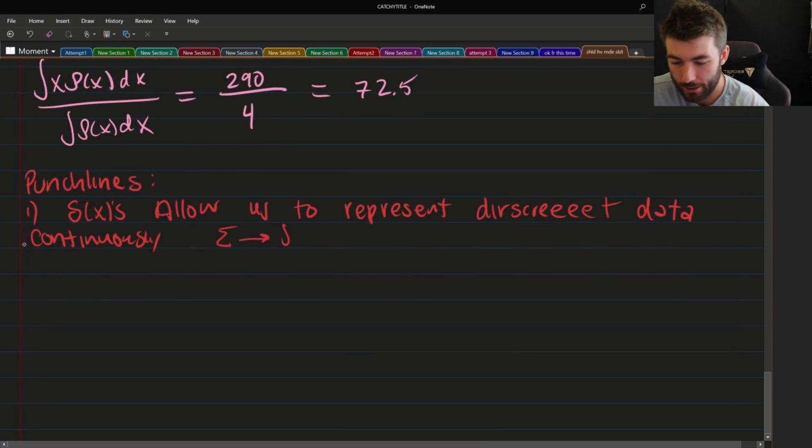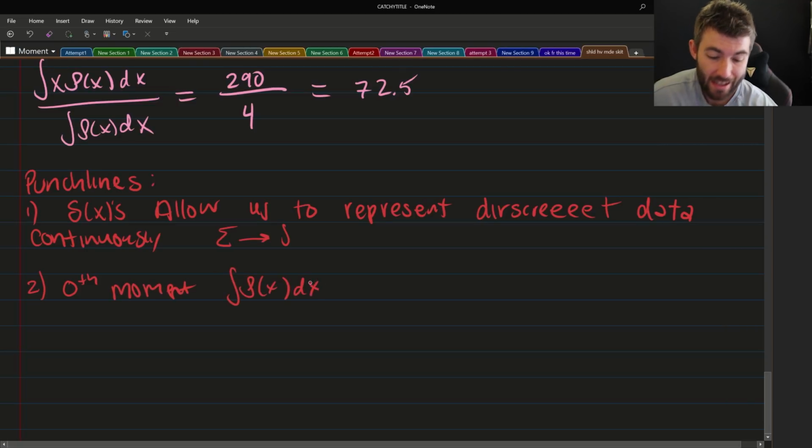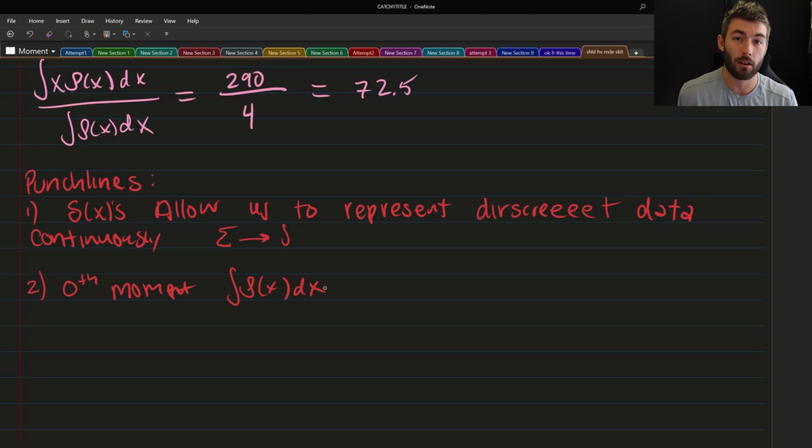The second punchline is that the 0th moment is defined in terms of the integral of the density you're looking at, and understanding what the density represents itself is incredibly important to assigning any kind of interpretation to moments of the distribution.